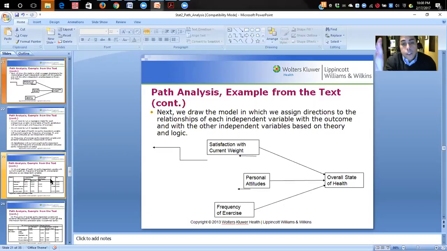So you have three independent variables here: satisfaction with current weight, personal attitude, and frequency of exercise. They have directional arrows. It's cause and effect. It means it has temporal ordering.